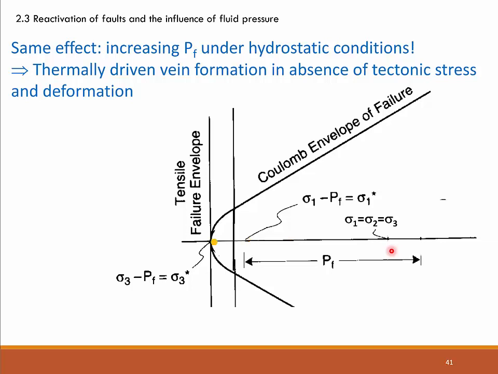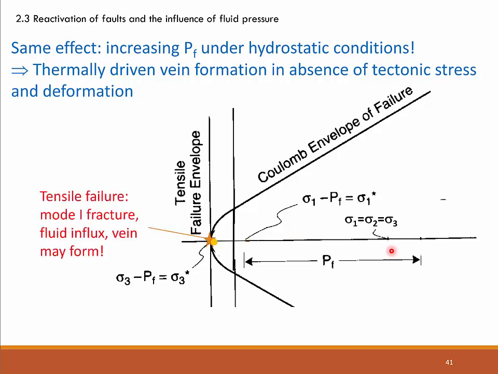The fluid pressure could increase to such an extent that tensile fractures and veins may form under perfectly hydrostatic stress conditions. That is a very important mechanism to form hydrothermal vein networks in absence of geologically relevant tectonics or any mountain building processes. It can happen simply by fluid generation under thermal heat input.